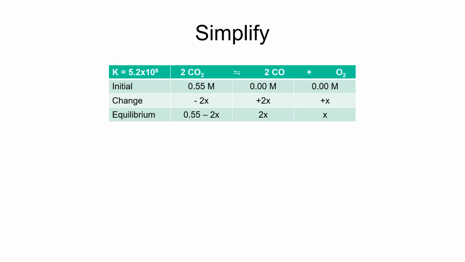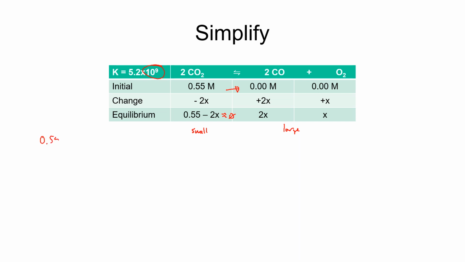Okay, let's solve this by simplifying. We know that this is a big shift to the right because the constant is very large, which means these are going to be your large values and this is going to be your small value, right? And so that means these guys here are going to be approximately equal to 0, and that's the simplification we're going to do. So over here, let's do it.